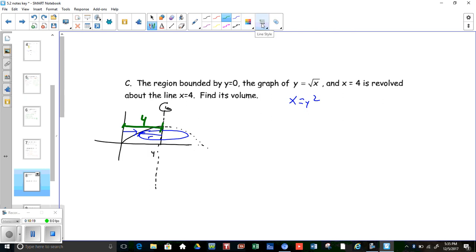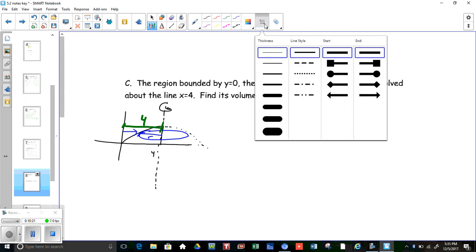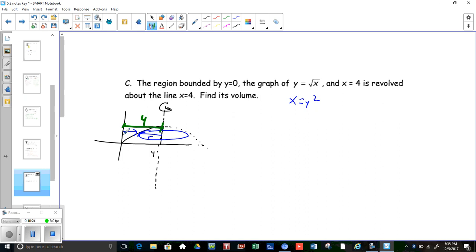So make that a little bit thinner. This is y squared. So that means the radius from here to here is actually the difference of these two. This is 4, this is y squared, so the radius, which is the difference from here to here, is actually going to be 4 minus y squared.